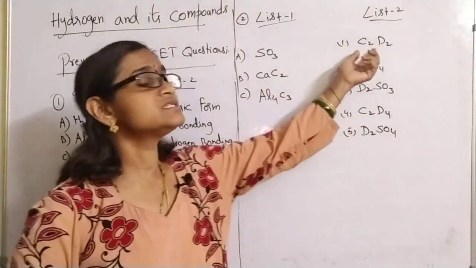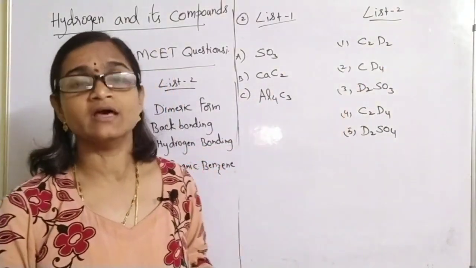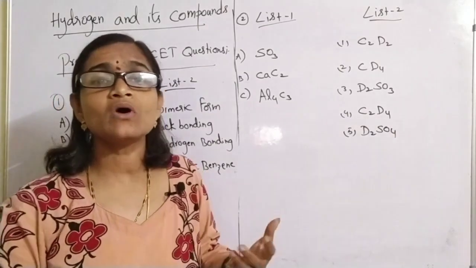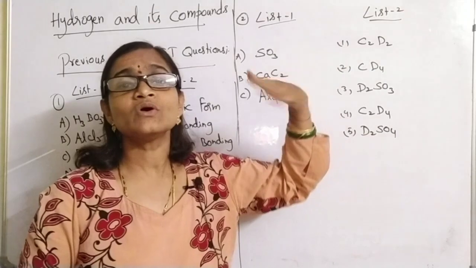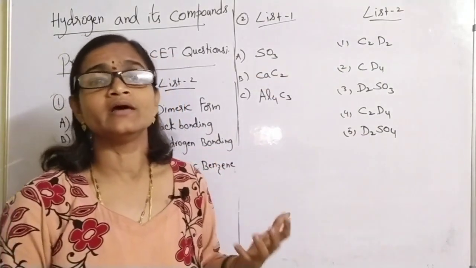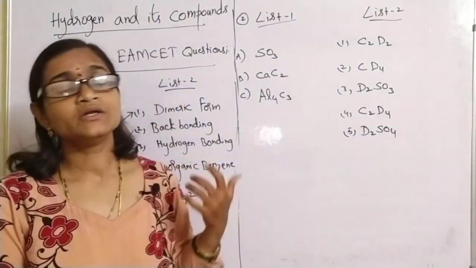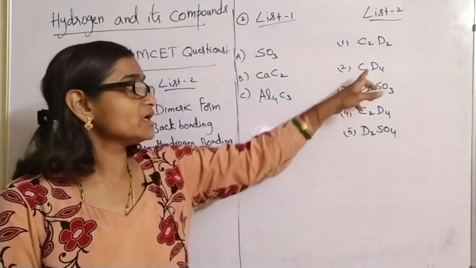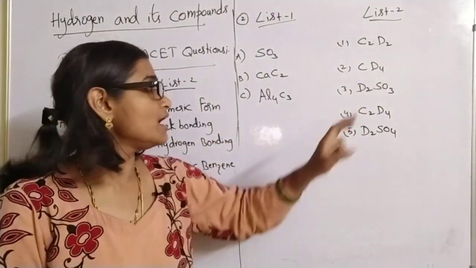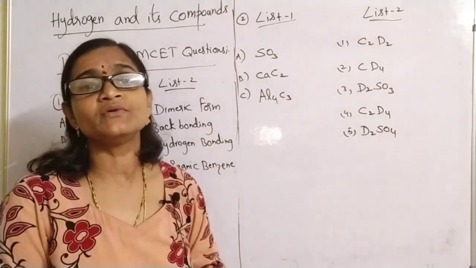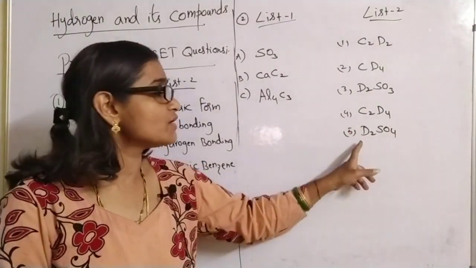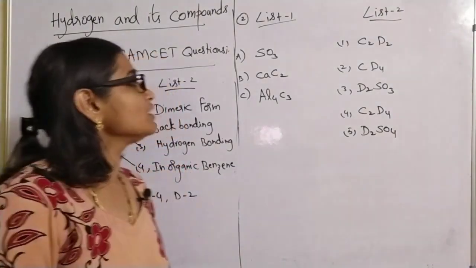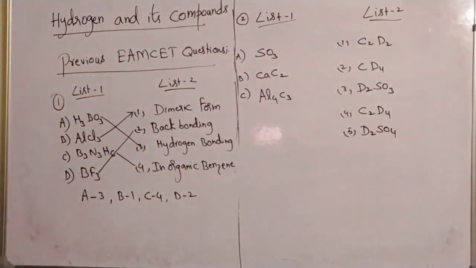Now here instead of hydrogen you are finding D. That means it is deuterohydrogen, deuteroacetylene. Same like that deuteromethane, deuterosulfurous acid, deuteroethene, deuterosulfuric acid. Okay, now your question is what? You have to match them.